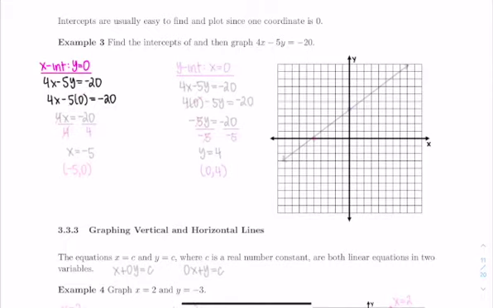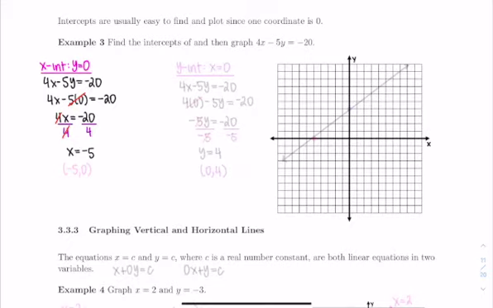Anything times 0 is going to cancel, and we end up with 4x equals negative 20. To get x by itself, we want to divide by 4. It cancels on the left-hand side, and we get that x equals negative 5.